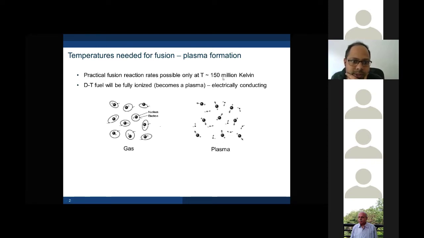At these temperatures, the fuel will not be in the form of a gas, but rather fully ionized. Unlike a gas where we have molecules, we would have a plasma where the nuclei or ions are separated from the electrons, and you have a sea of charged particles. This is not a strict definition of plasma, but loosely speaking, for the time being, we assume that this is the plasma.